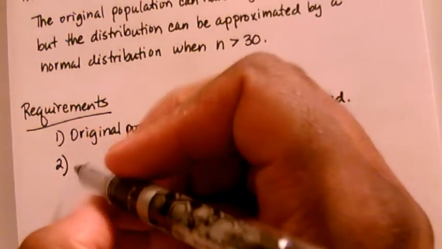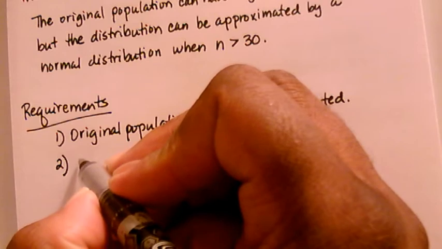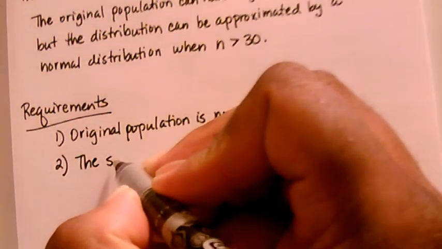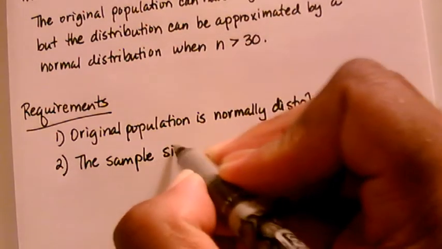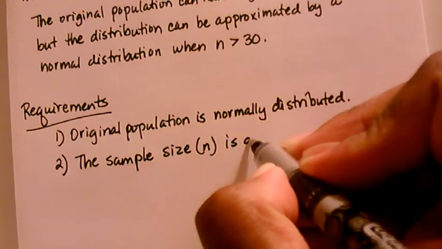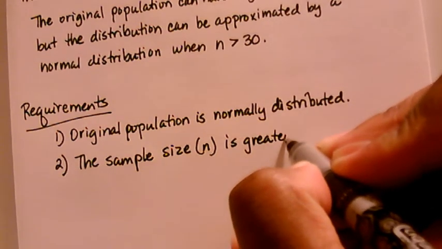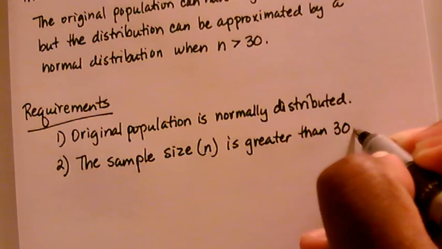And second, the sample size, which is your n, is greater than 30. Okay?